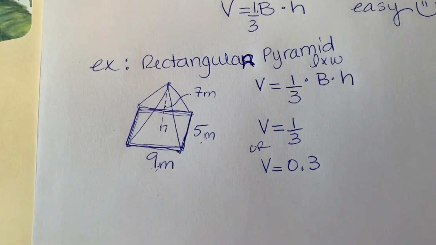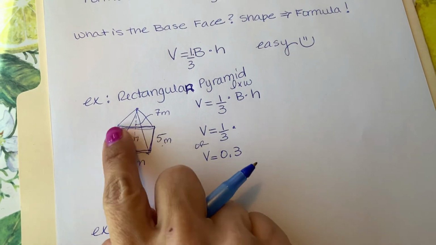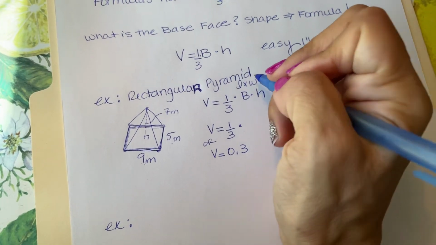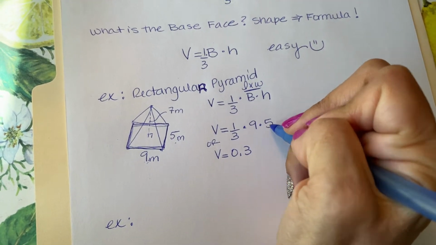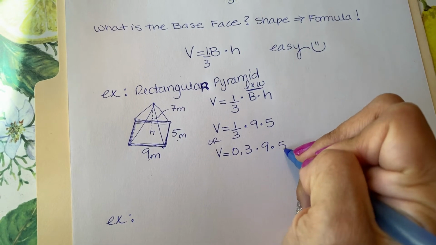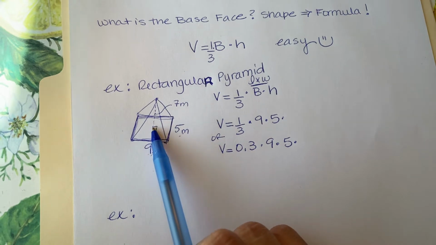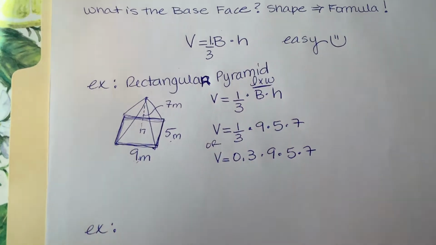What is the shape of my base face? It's a rectangle, so it's length times width. That's where it is, length times width. So it's 9 times 5. And then what is the height? 7. That's it.